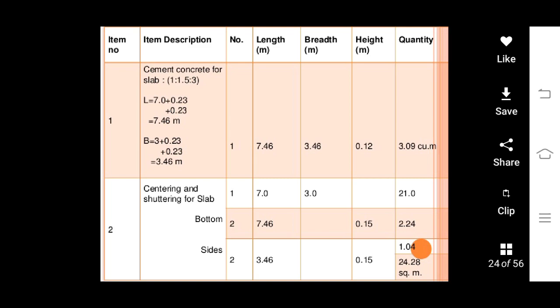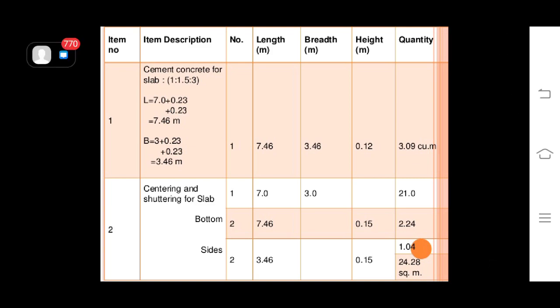Now the total quantity of concrete can be calculated by multiplying length 7.46, breadth 3.46, and depth of slab 0.12. The total volume of concrete required for slab concreting is 3.09 cubic meters.